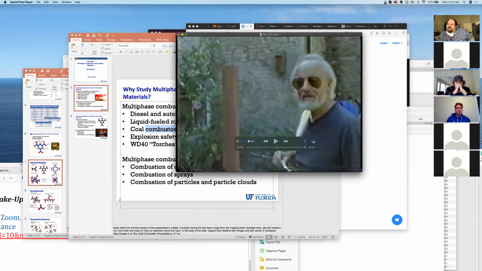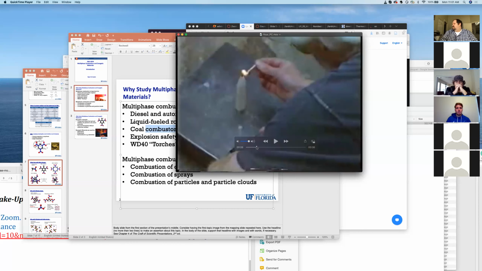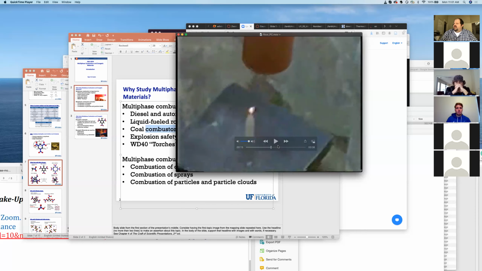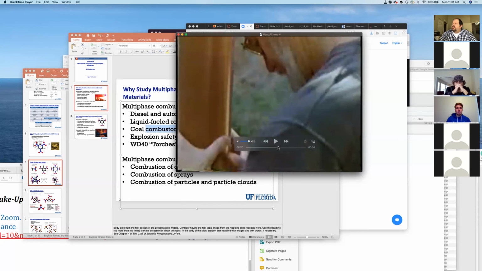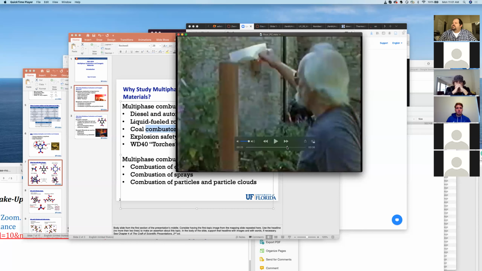So what he did there was he took a candle and lit it. That was the ignition source. Then he put some sort of tube around it that added confinement. Then from the top, he took a pile of flour and dumped it in.